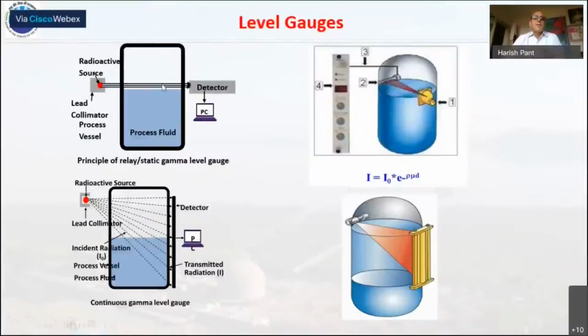This is the level, and one should not fill up beyond that level. This is a discrete type of level gauge which is used in industry.